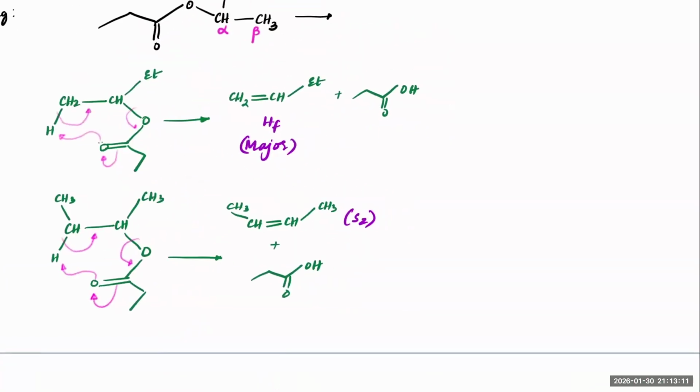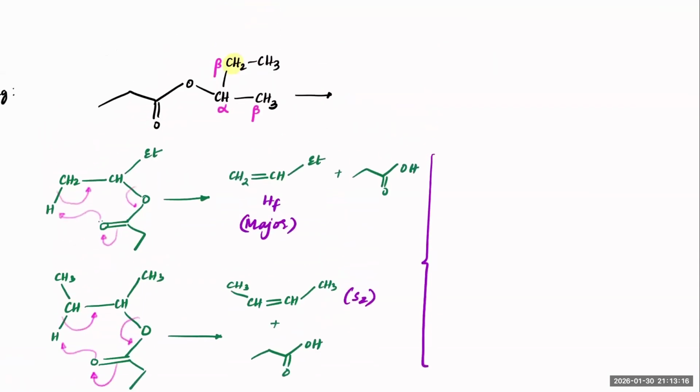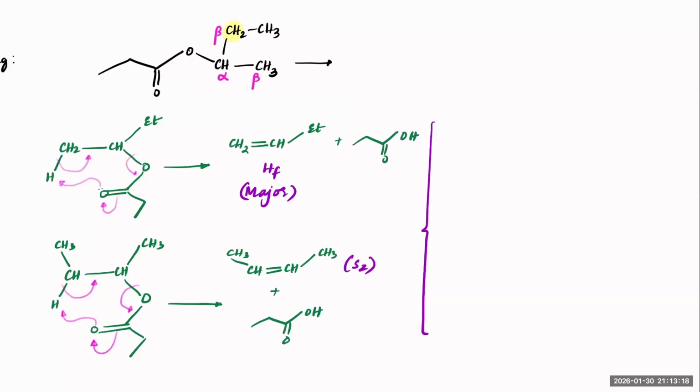Okay, so I'll just put this as a note here. Sorry, this is 1 and this is 2. Eclipsed conformation of the first one is more stable than the second one.